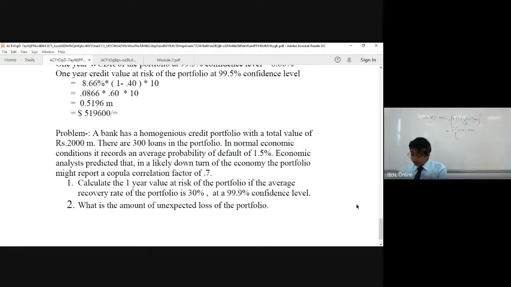So there are three places where 0.9990 is available, and we need the minimum value. Therefore you get 3.08. The inverse normal curve of 0.9990 is 3.08.